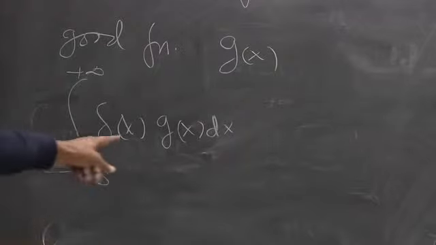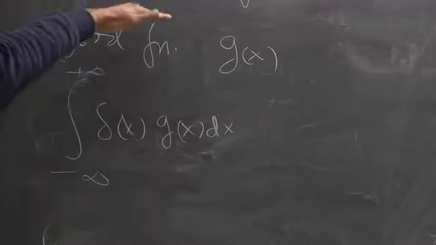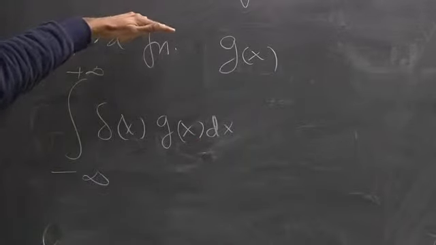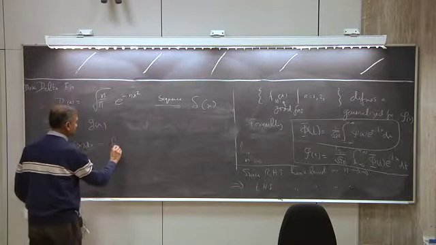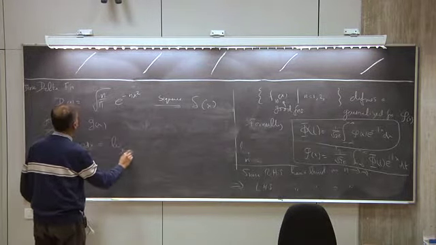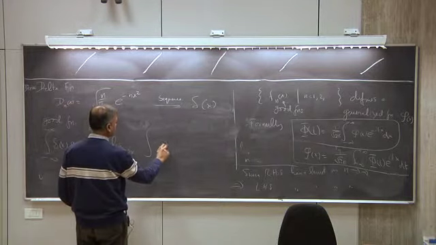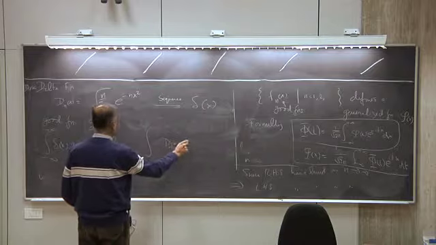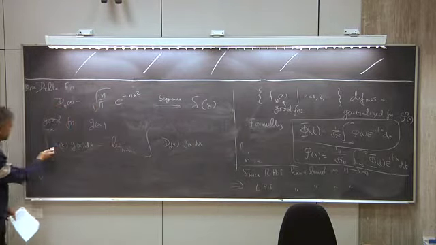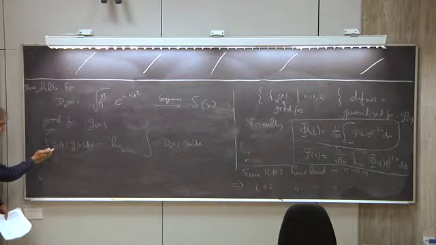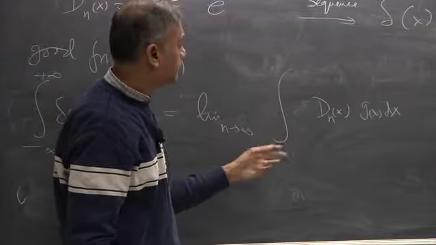It should be just g evaluated at x equal to 0. But let us try to understand it from the point of view of this sequence. By definition, it is the limit as n goes to infinity of the integral of dn x g x dx. This is just a formal way of writing it, but what this really means is the limit as n goes to infinity of this integral.